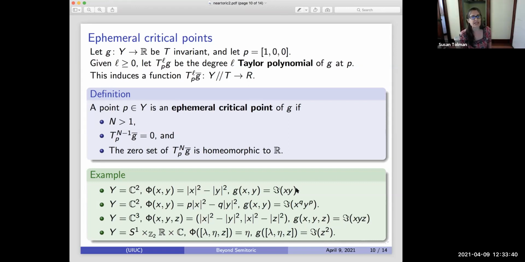The one thing I do want to point out is that the first of these examples was the focus-focus. The second one is also one which has been studied in physics. This is called fractional resonance. It's something that people have been interested in. And the third one has come up in mirror symmetry. So these are not totally new examples.